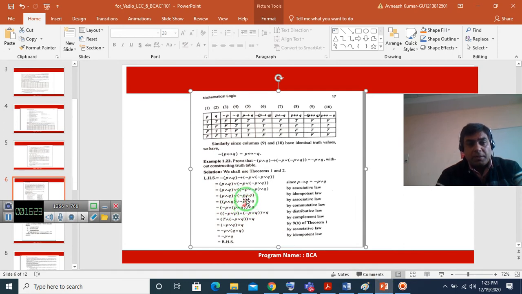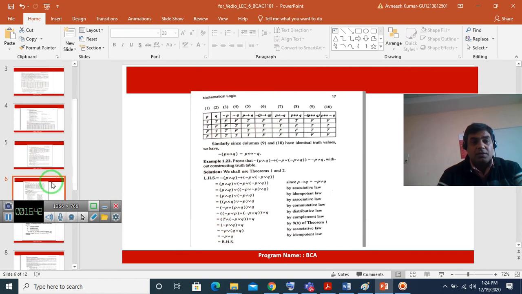This p should be merged with this, and this negation of p merged with p. Simply it becomes t, and with the t we have already discussed, if we apply the t, then it becomes this value, and q becomes q. This is the result. It's a very simple approach. So by this formula we can solve easily.